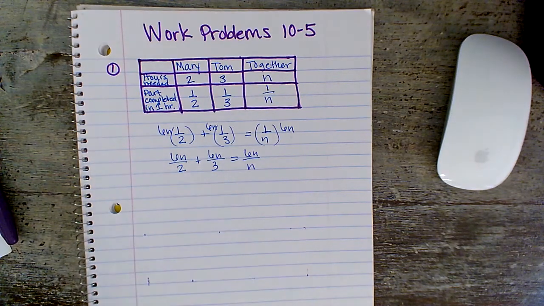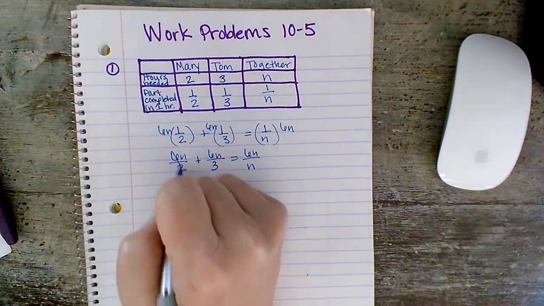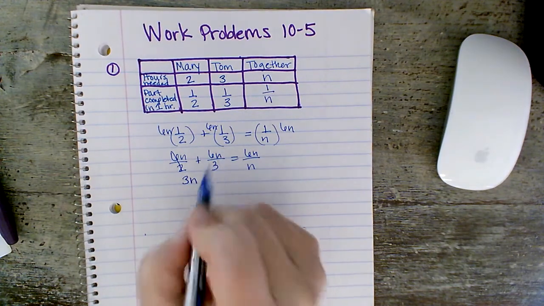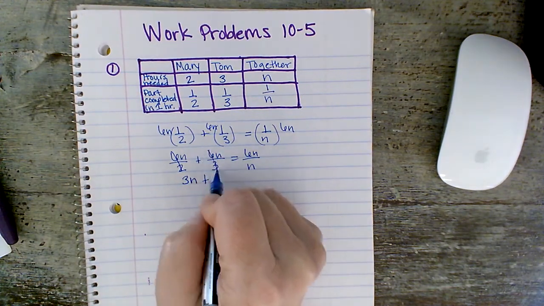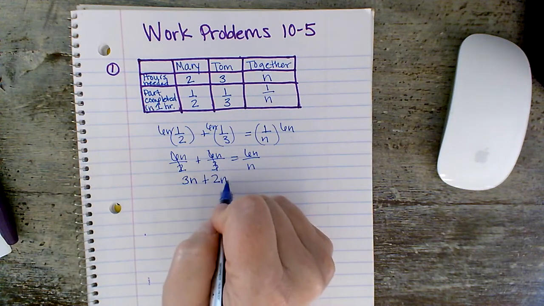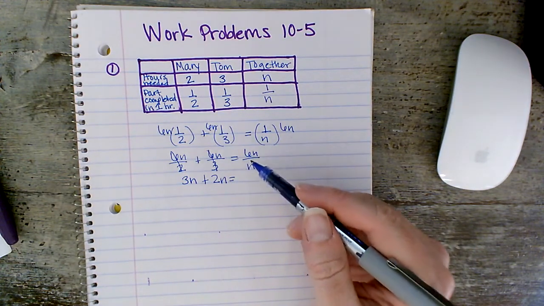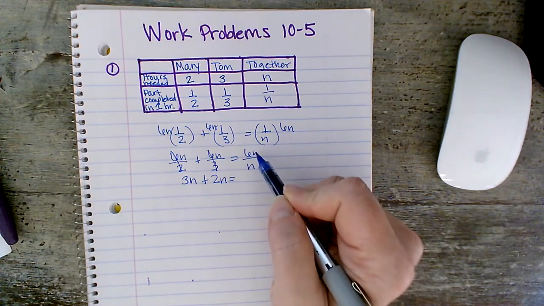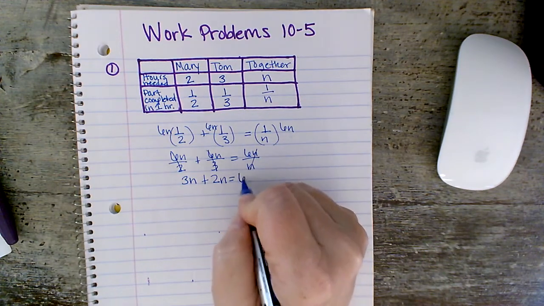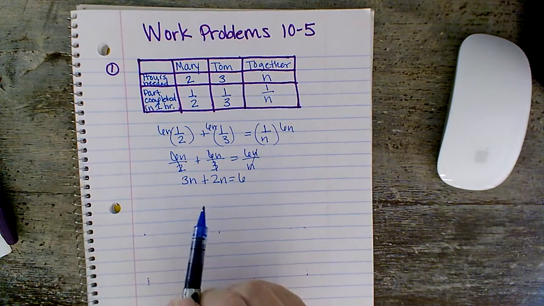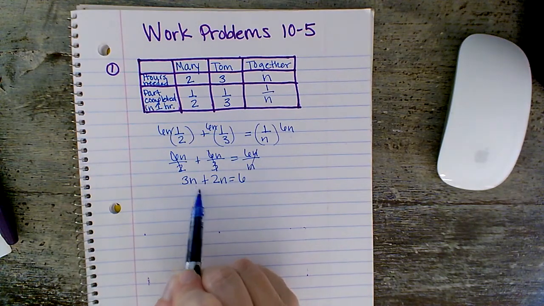Nobody likes those. So 6 divided by 2 is 3, and then I just pull down the n. 6 divided by 3 is 2, and then I pull down the n, equals. Now there's no number to cross out and divide because there's just the 1 here. But n over n is 1, so it goes away too, and I'm just left with a 6. So now I can do my handy-dandy algebra and solve for n.